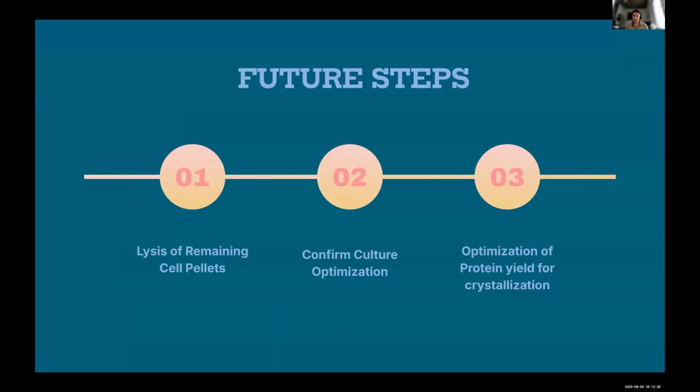For next steps, there were still some remaining cell pellets, so we would like to run those through the FPLC and see if they had any protein. Then we want to confirm and repeat the culture optimization, and hopefully that would give us enough yield for crystallization.